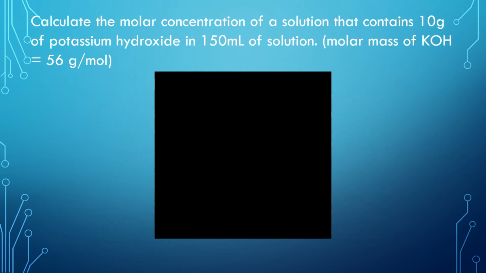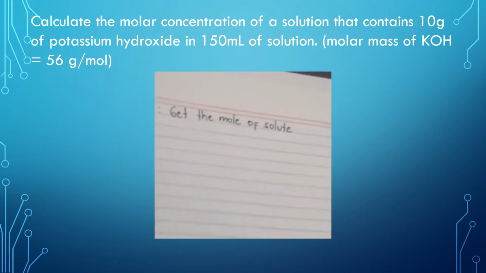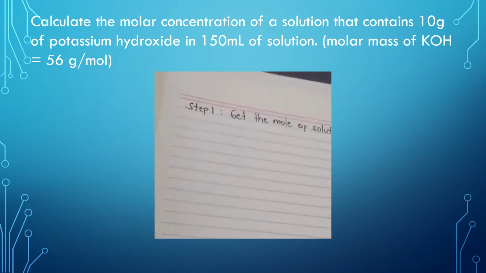First example, calculate the molar concentration of a solution that contains 10 grams of potassium hydroxide in 150 ml of solution. Note that the molar mass of potassium hydroxide is equal to 56 grams per mole. So the first step that we're going to do is to get the mole of solute.